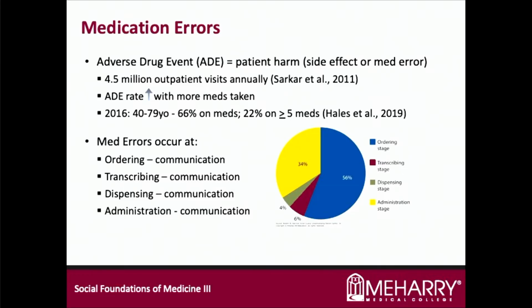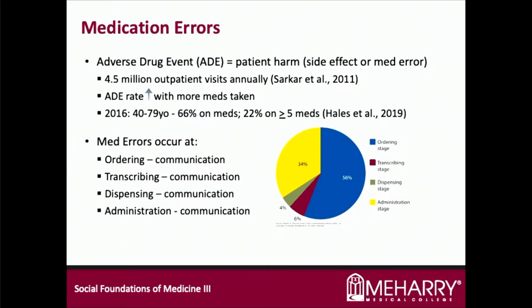Medication errors can occur at different stages in the process. They could occur during ordering, they could occur during transcribing the order, they could occur during dispensing the medication, or they could occur during administering the medication.